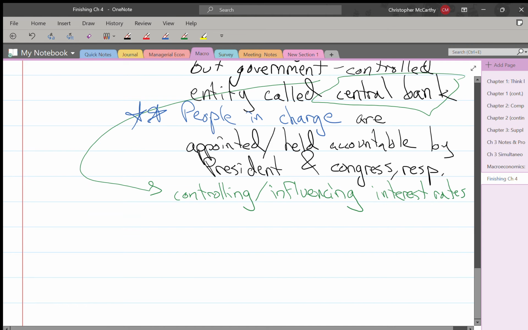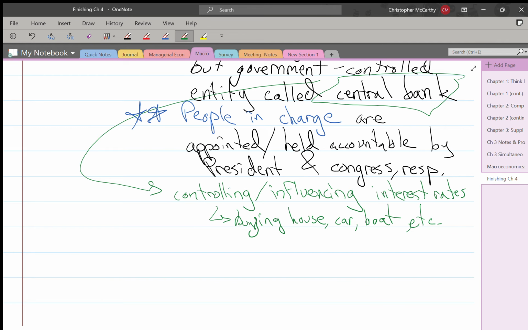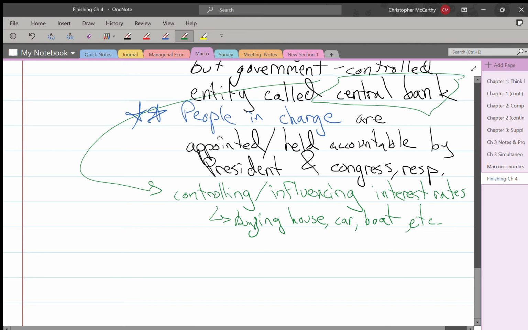Buying a house, car, boat, whatever. So by lowering the interest rates, you will stimulate economic demand. And we'll talk about what exactly does that mean in chapter 5, what economic demand is and how we measure it and why that would stimulate it.